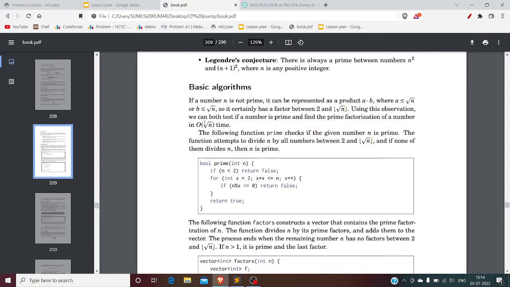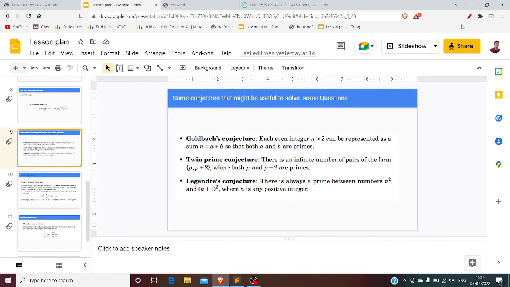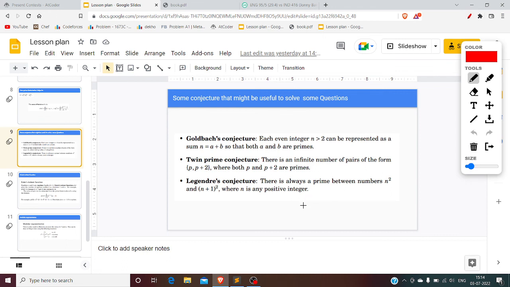So log of n time is better than root of n time, right? Yes, because root of 10 to the power 6 is 10 to the power 3, and that is greater than log of 10 to the power 6 for sure, right?